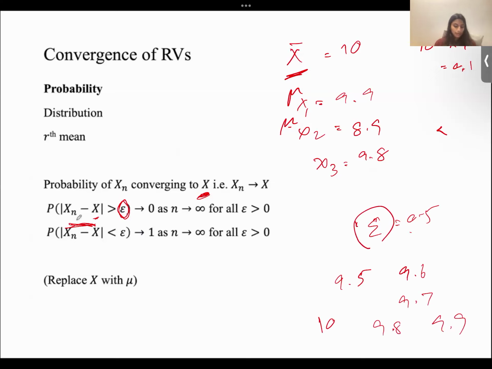In that case, the probability that the difference is greater than epsilon should be 0, and the probability that the difference is lesser than epsilon should be 1. If either of these is satisfied, you can say that the random variables xn are converging. So this is basically your mu.